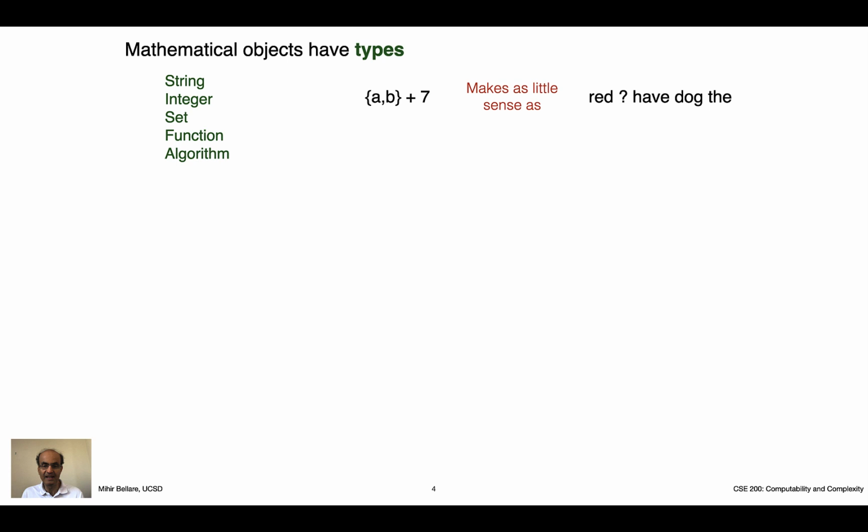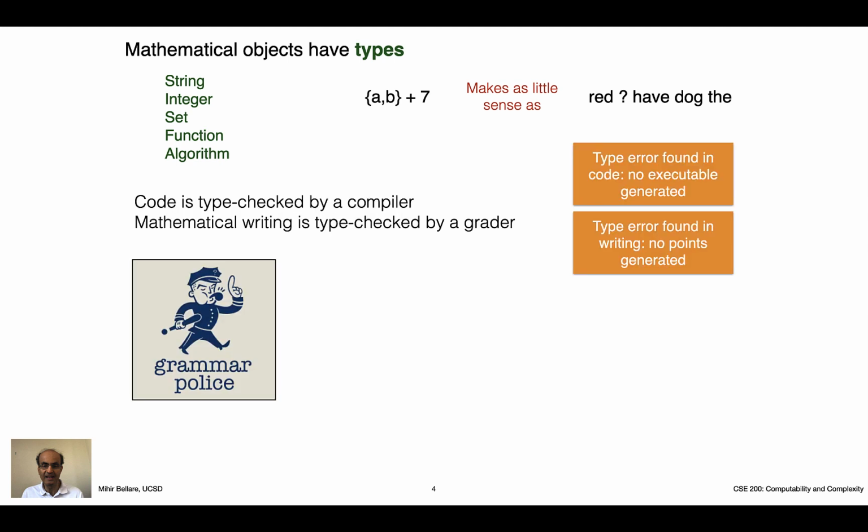It's a good thing to pay attention to that because when you write something, it has to be something that conforms to ways of using the types involved that are legal for those types. For example, the expression you'd written here makes no sense because you don't add numbers to sets. That's an extreme case, but you'll see that it can be more subtle than that.